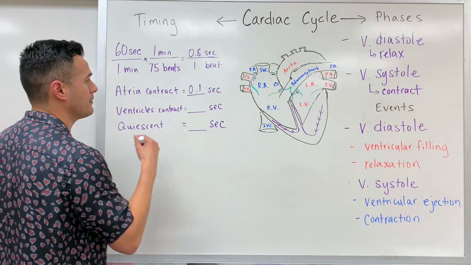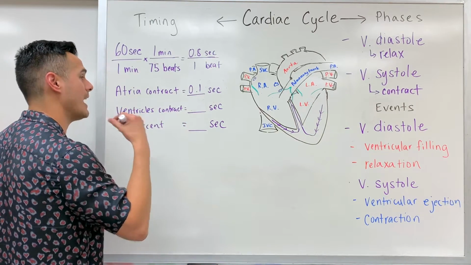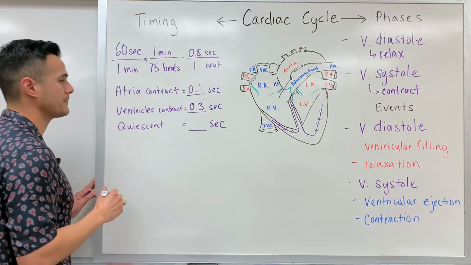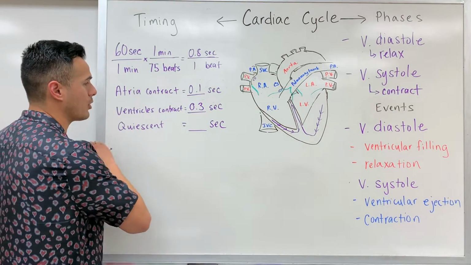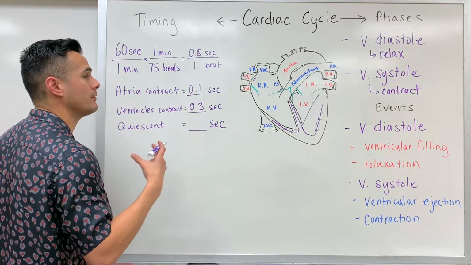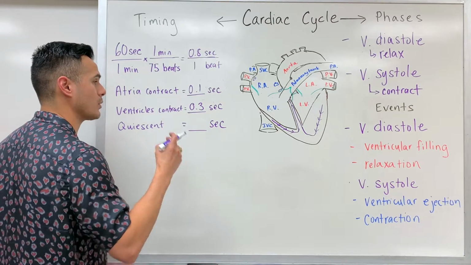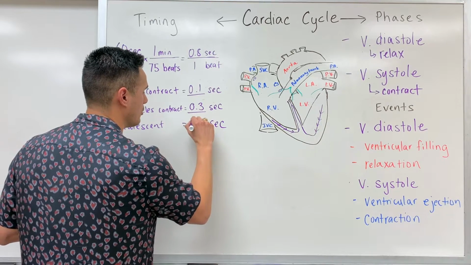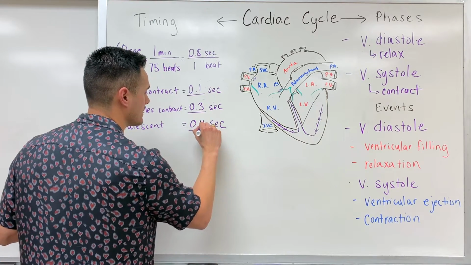The contraction of the ventricles as well as relaxation of the atria takes about 0.3 seconds. Then you also have the quiescent period in which all of the heart muscles are relaxed. This occurs about half the time, at 0.4 seconds.